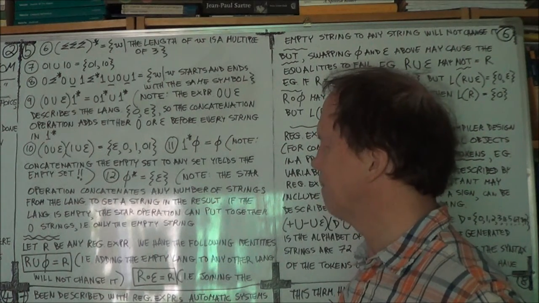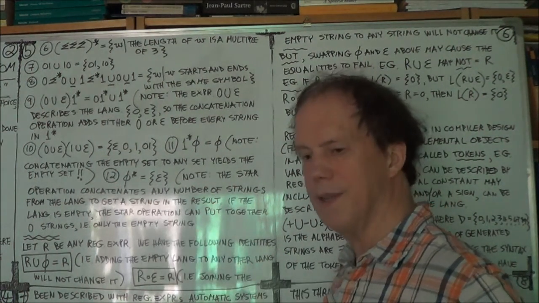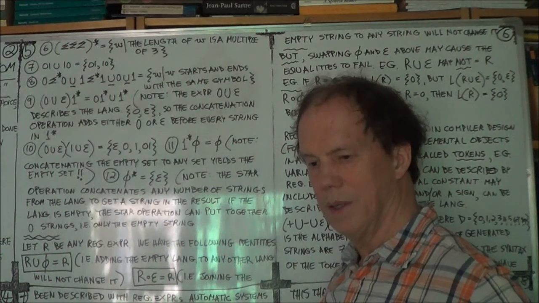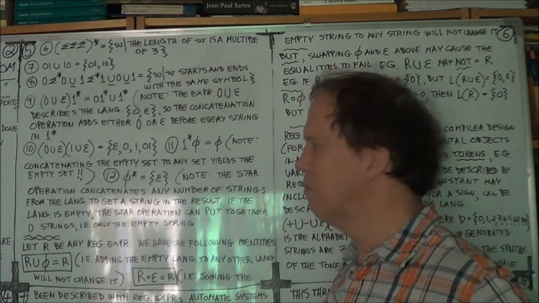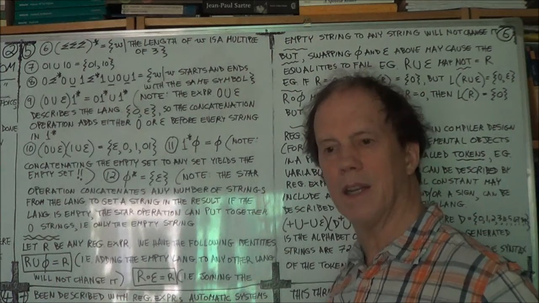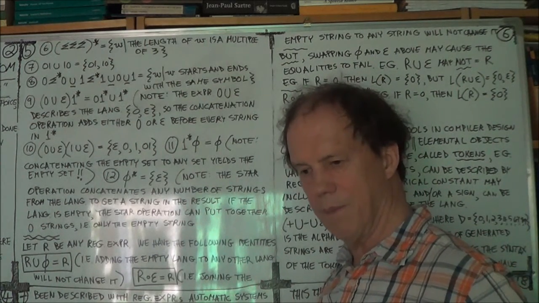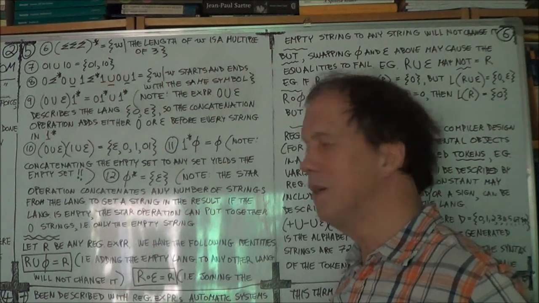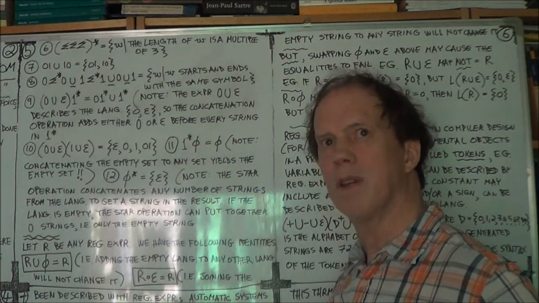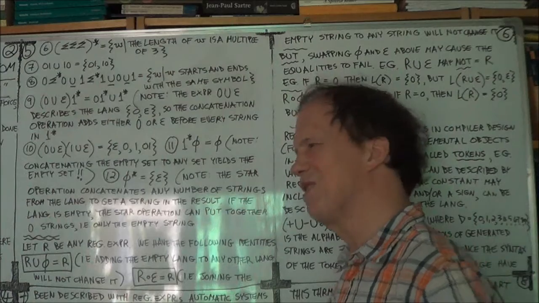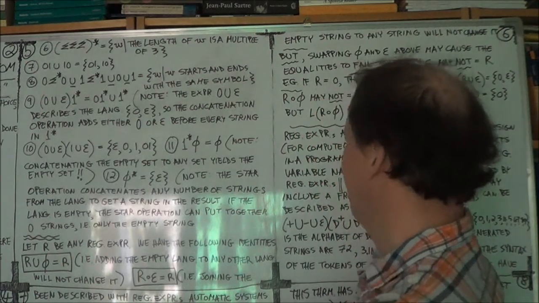Well, what is this? Well, it's the empty set concatenated, empty set concatenated. And what will the result be? It'll be the empty set. Empty string? That's confusing.